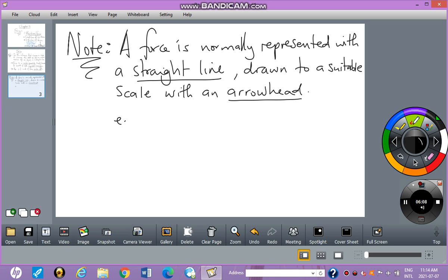For example, I can then have a very straight line. This line should have a scale, so that means I have 1, 2, 3, then 4, up to 5. You can see I'm increasing by 1, and I'll put on an arrow. So if I say give the magnitude of this, the magnitude of this is 5.